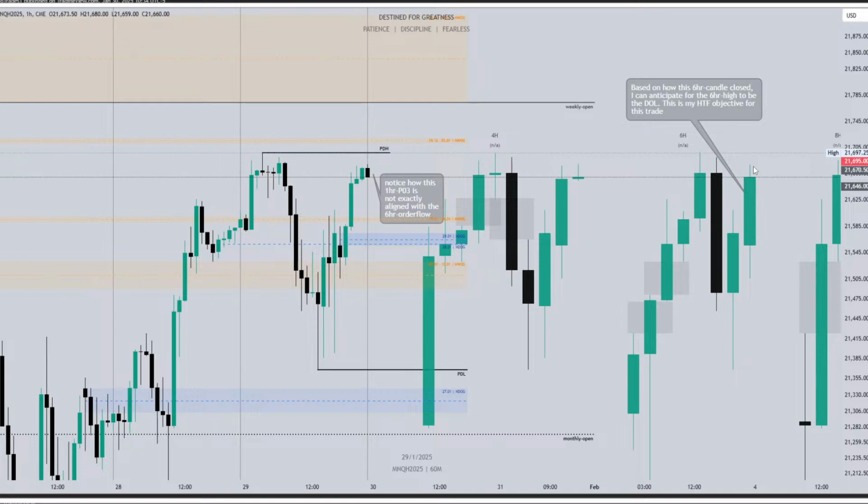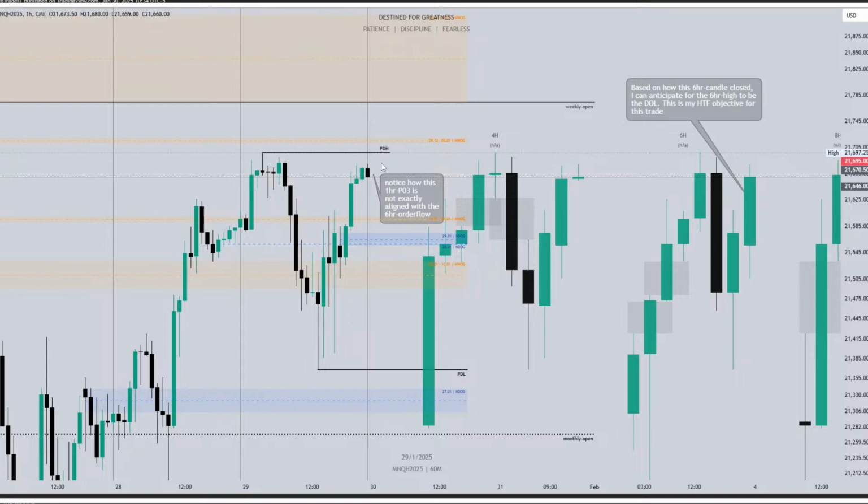So for the next 6 hours, I am bullish. I have a bullish bias. For the hourly time frame, however, whenever we close on the 6-hour time frame, we also close on an hourly candle.